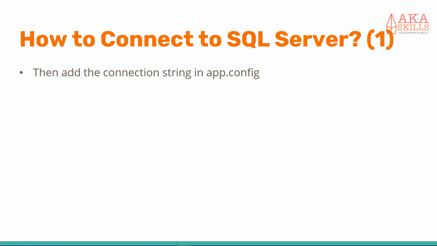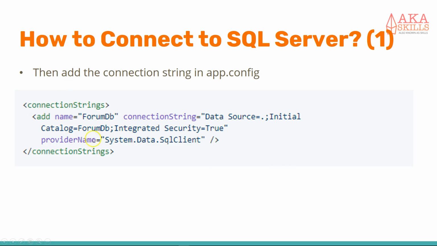So then we add the connection string in app.config, and here is how it looks. We've got a tag with connectionStrings, and we're saying add name, connection string name ForumDB, and connectionString, which is equal to Data Source equals dot. Data Source is basically the server name.